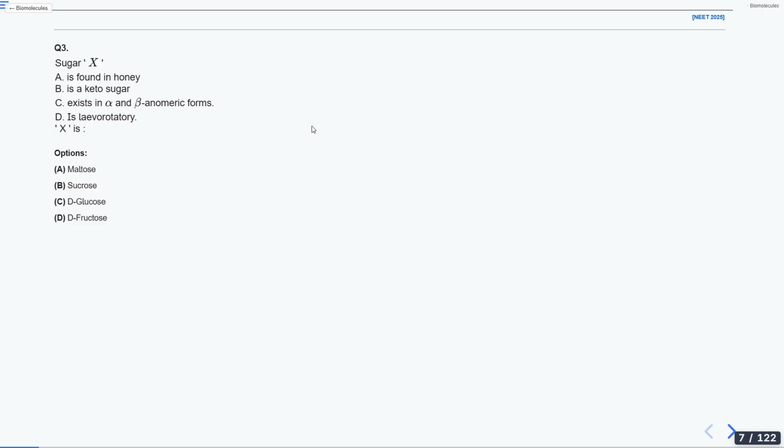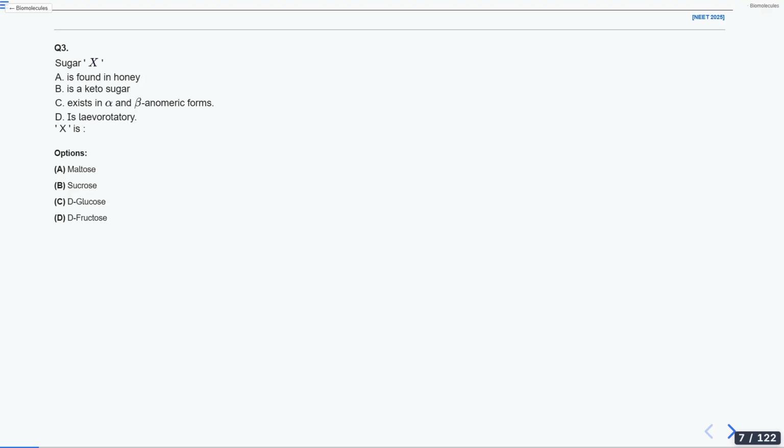Now, before moving on to the correct answer, the question that I am asking you: suppose I am telling you that your X is D-glucose, then what will happen to statement B and statement D? Again, I am repeating my question.